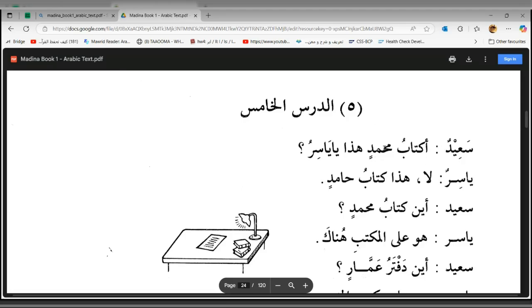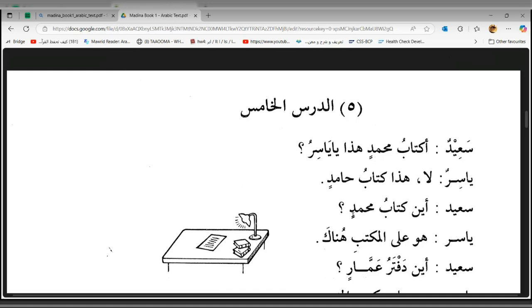We see Akitab Muhammad Hada. Is this Muhammad's book, Yasser? No. هذا كتاب Hamid. This is Hamid's book. أين كتاب Muhammad? Where is Muhammad's book? Again, notice that the kitab takes no tanween and that the mudaf ilayh is with kasratain.